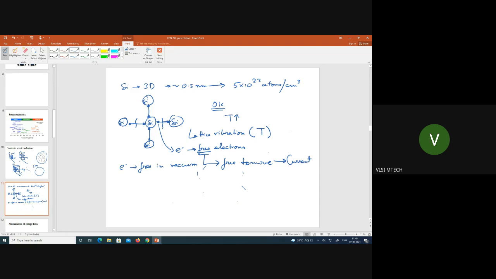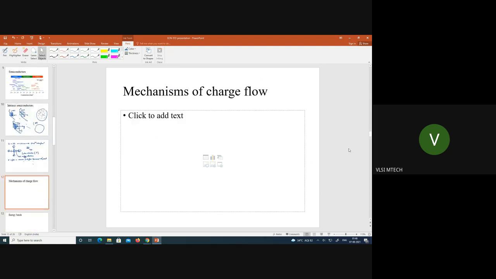Okay, so this brings me to this other point. What are the mechanisms of charge flow in these materials? So there are usually 2 mechanisms of charge flow. Can anyone tell me what those 2 mechanisms are? Drift and diffusion. Yeah, no, drift and diffusion will come later.